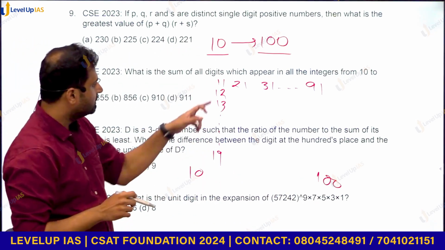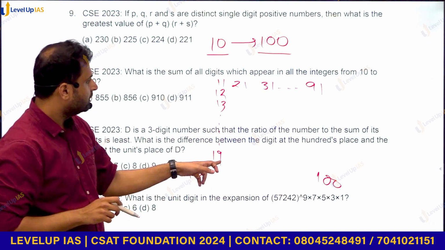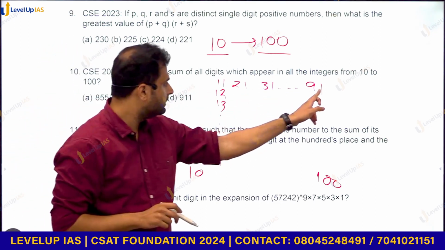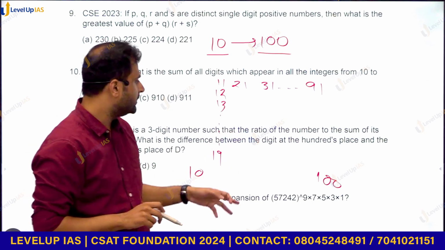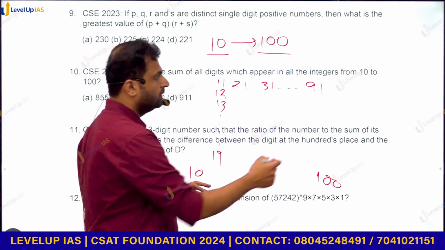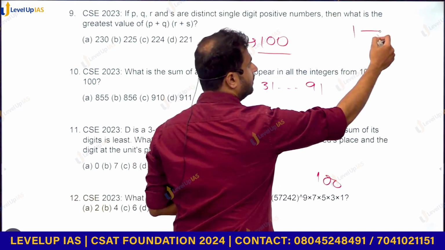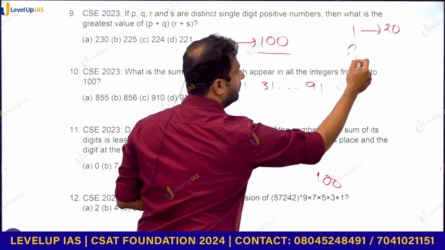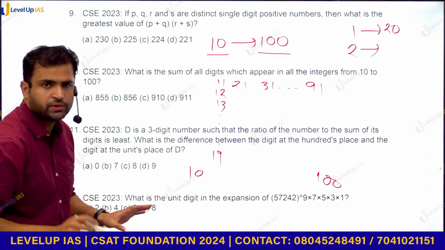So how many times? Here 9, here 9, 18 plus 2, 20 times. So 1 will appear 20 times. How many times will 2 appear? Same.